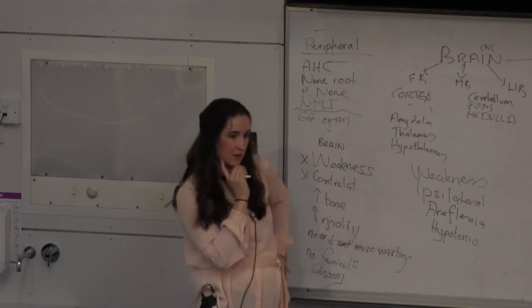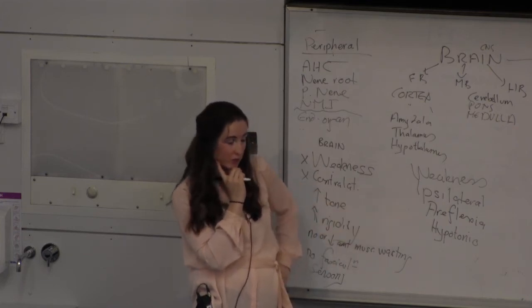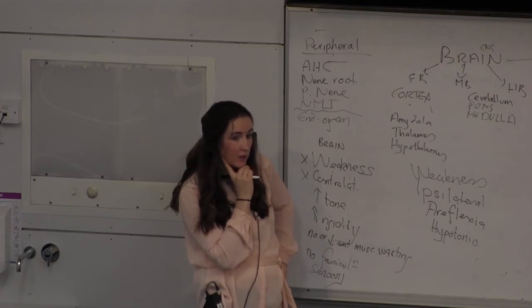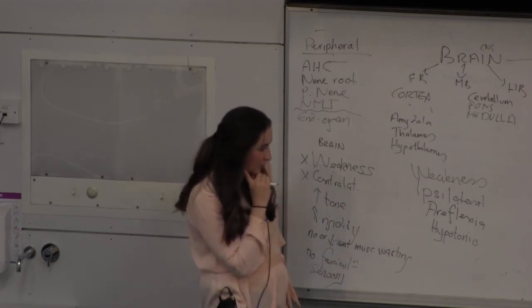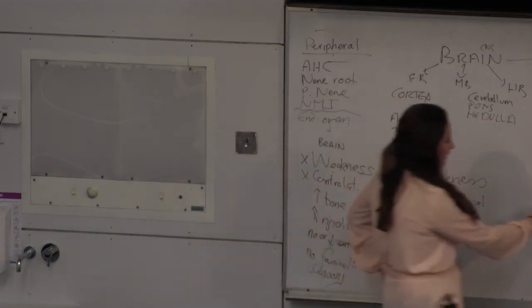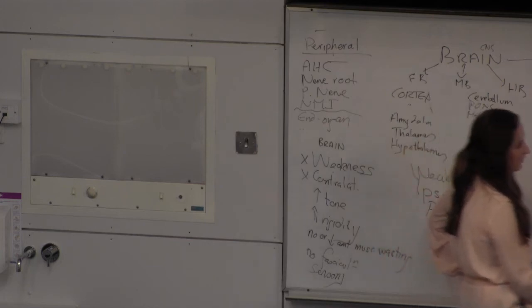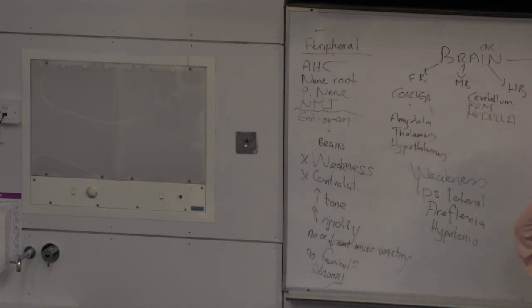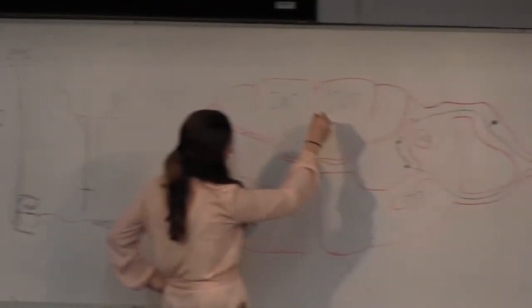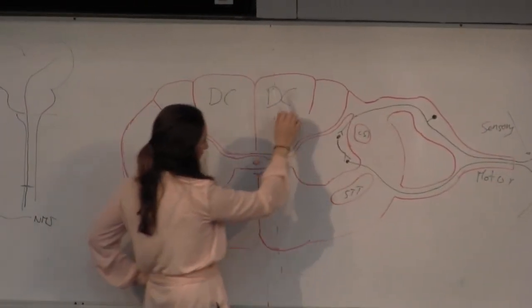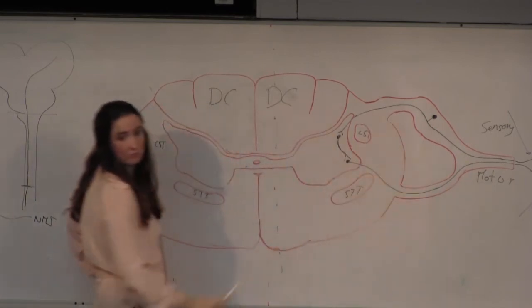Why does it depend on that? So you have two different tracts here, don't you? You have dorsal columns and spinothalamic. Okay, so we're after making a lesion here, right? So we're saying that something like this is after happening. Some damage from here outwards.